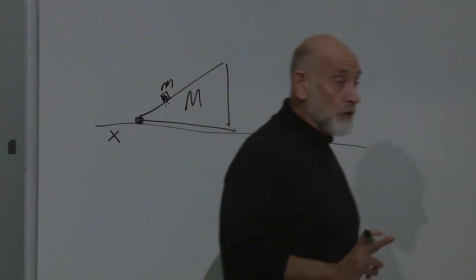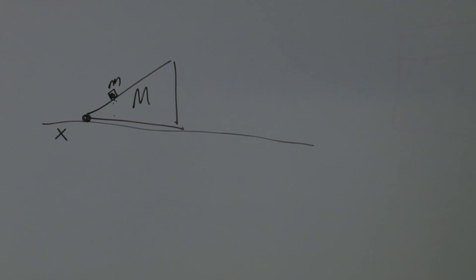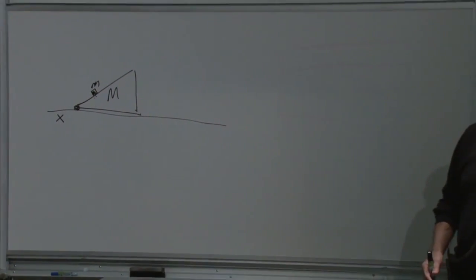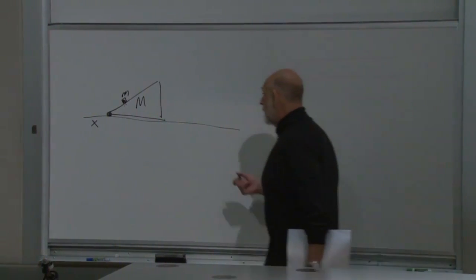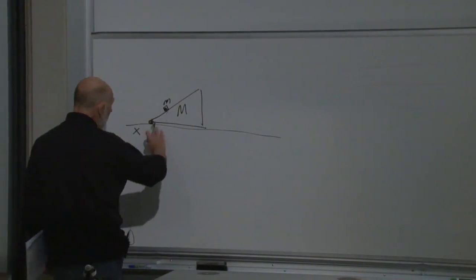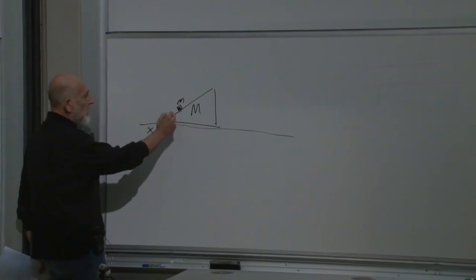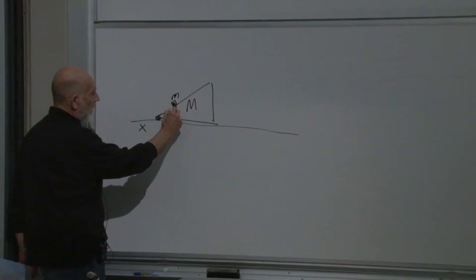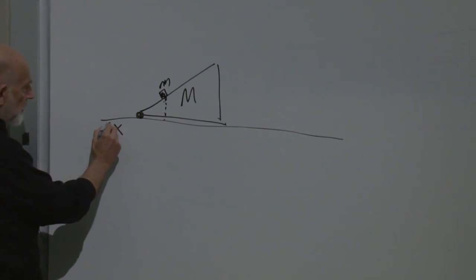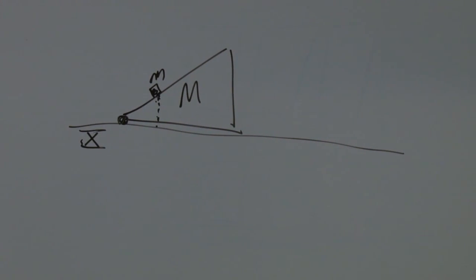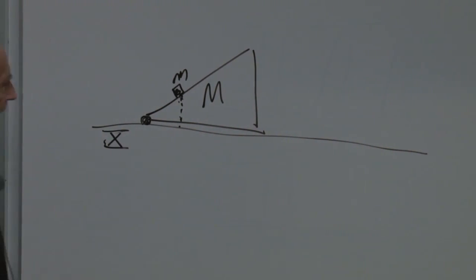One thing is true: in general, the choice of such coordinates is by no means unique. You just have to pick two of them and stick with them. So I will choose for this example not the distance along the hypotenuse, just to make some variation. I will choose the horizontal coordinate. So this one, let's call this one big X, just to make sure we don't confuse it with little x. That's the position of the corner of the triangle along the horizontal axis.